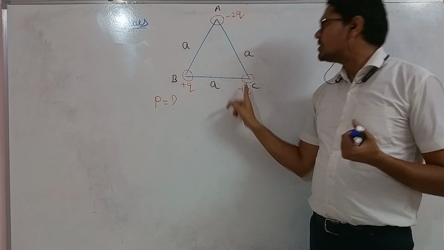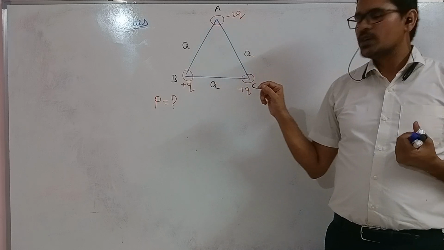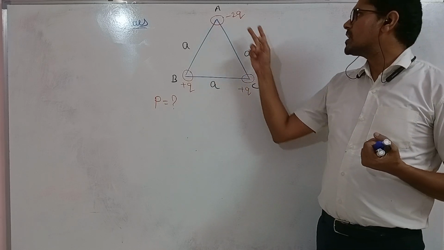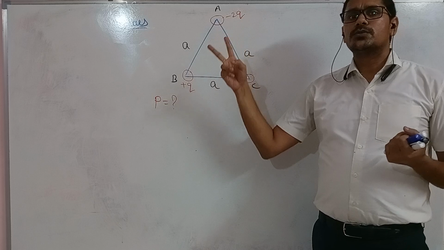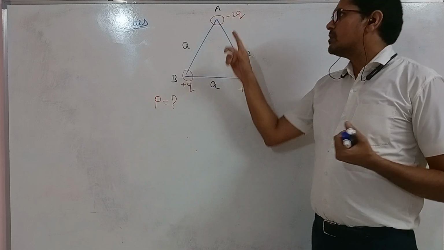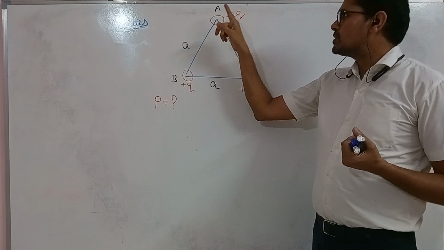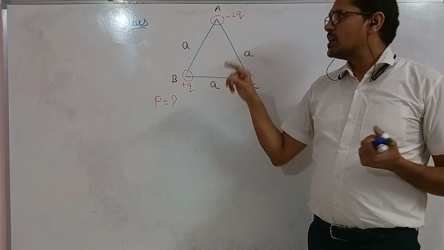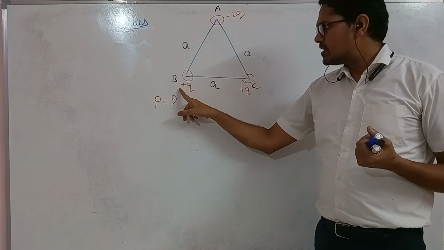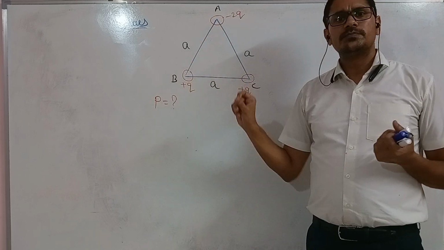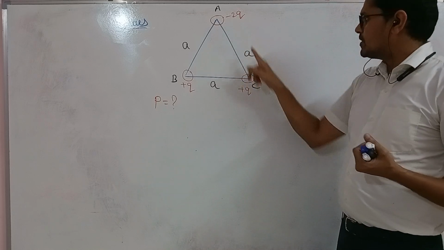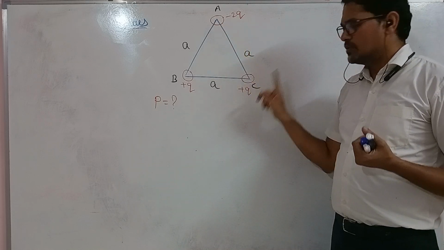So for making dipole, I can split this minus 2q into 2 parts: minus q and minus q, both situated at point A. Now this minus q and this plus q will make a dipole, and this minus q and this plus q will make a dipole.